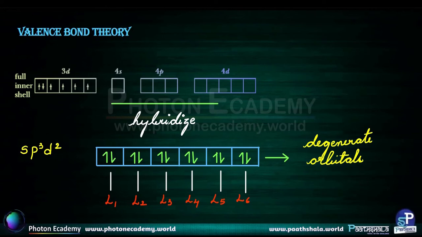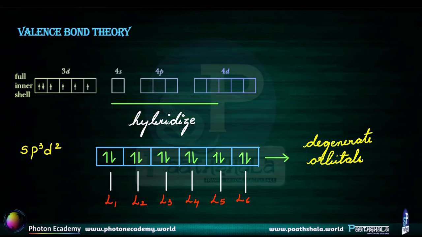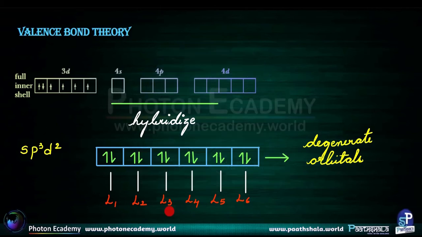So let's consider these are our ligands L1, L2, L3, L4, L5 and L6. And assuming that these are monodentate ligands, that means each of them is going to donate only 1 lone pair of electrons. So the lone pair brought in by this ligand goes here, L2 ligand pair goes here, same for L3, L4, L5 and L6. So in this way, the vacant orbitals, which are degenerate orbitals, the meaning of degenerate orbitals is that all these orbitals have the same energy.